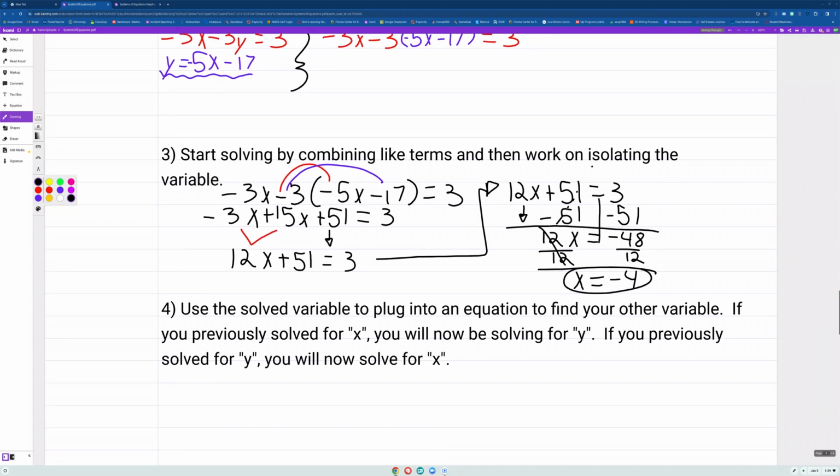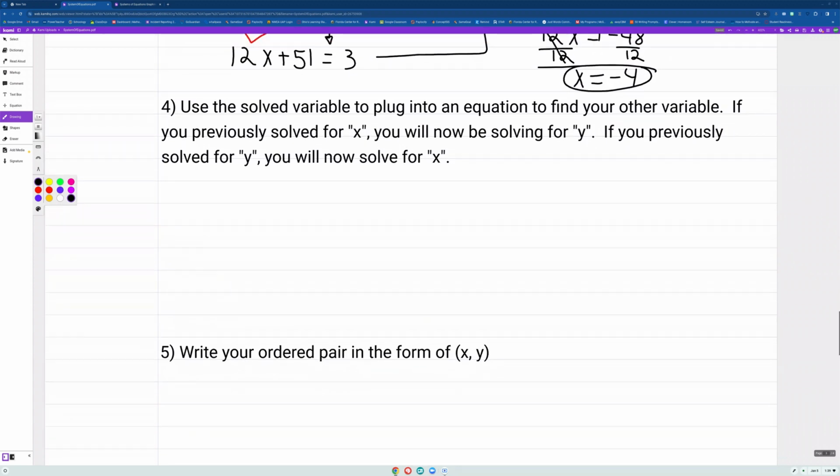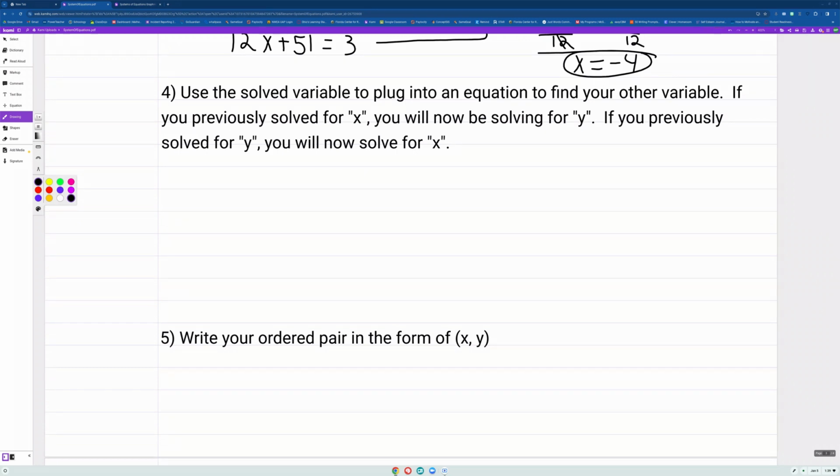So now using that, we are almost done. I know it's a long process. Okay, if x is equal to -4, I'm now going to use x equaling -4 to solve for y. So for me, the easiest thing that I can do is use the equation that was already in standard form.